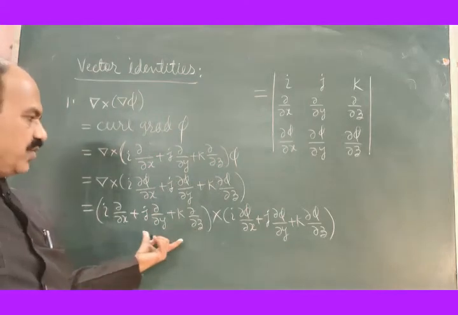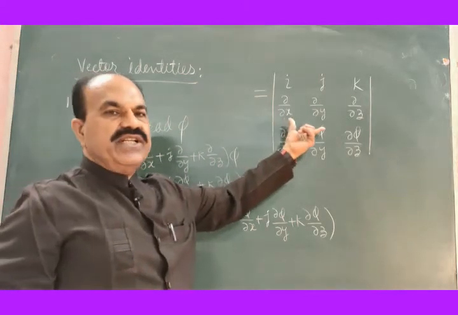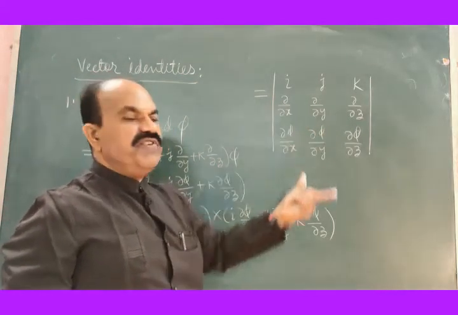This cross product of two vectors can be written in a determinant form, which is this.